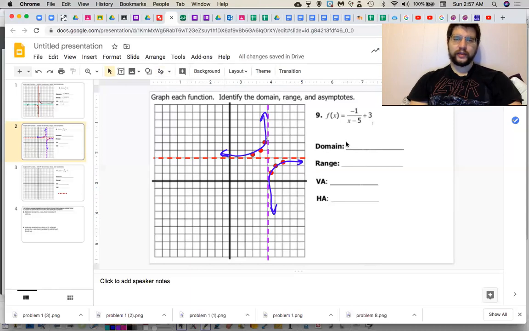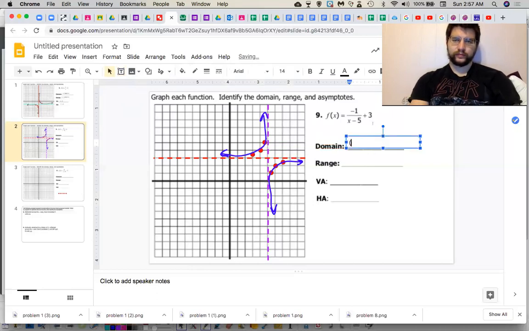So my domain is everything but this right here, 5. So oops, back to my text box. So negative infinity, it's still on there from last time I copied it, to 5, union 5 to, and I'll show you again how to get there.